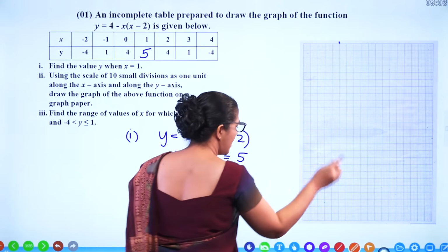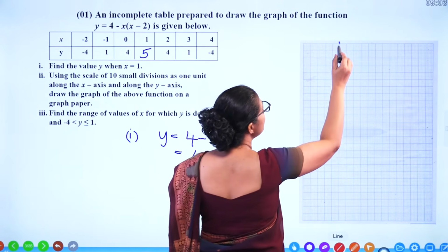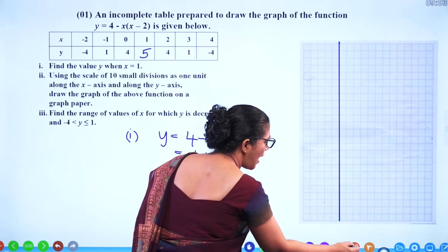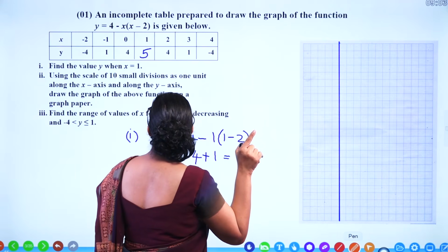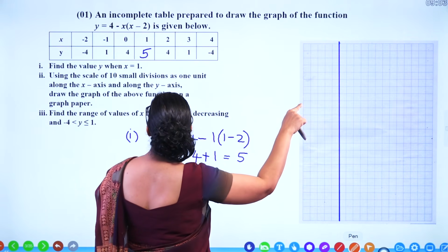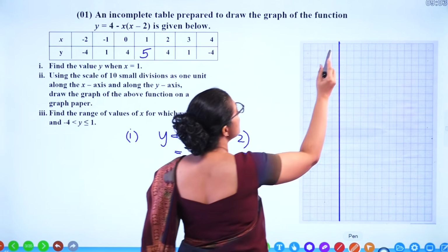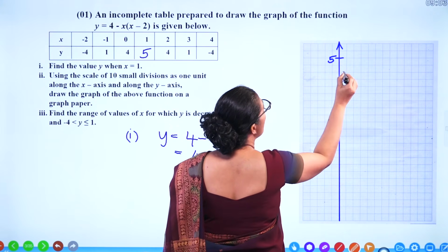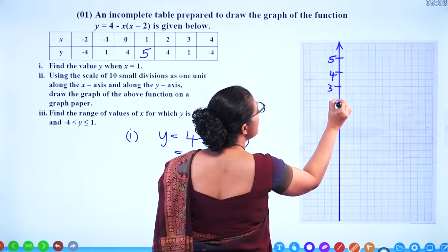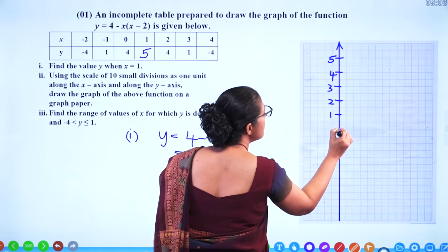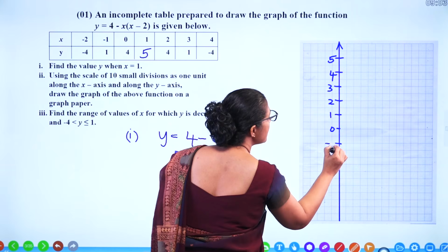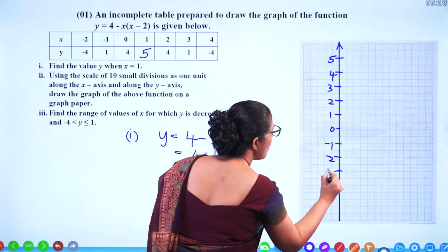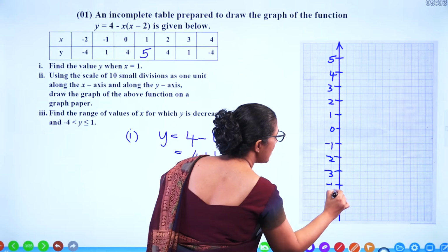So somewhere here you can draw the y-axis first, and then you can mark the values for y. So the maximum is 5, so we can start from 5 here: 5, 4, 3, 2, 1, 0, minus 1, minus 2, up to minus 4.